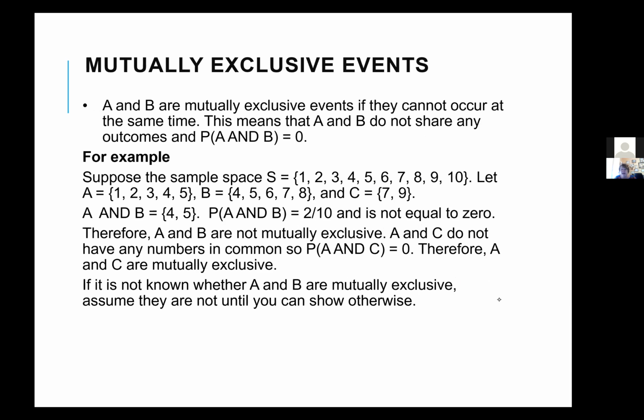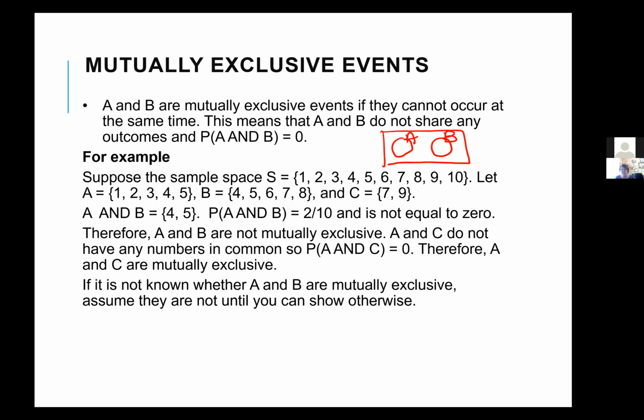This means that A and B do not share any outcomes, or the probability of A and B occurring at the same time is 0. So if we were to draw a Venn diagram, this means that there is no overlap in the 2 events A and B. They don't share any elements in common.